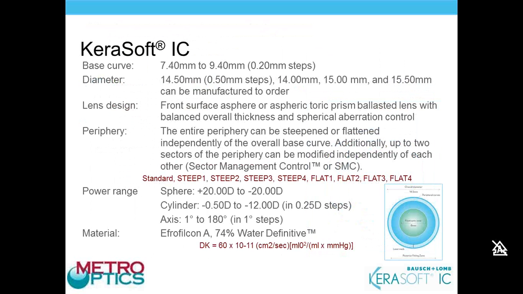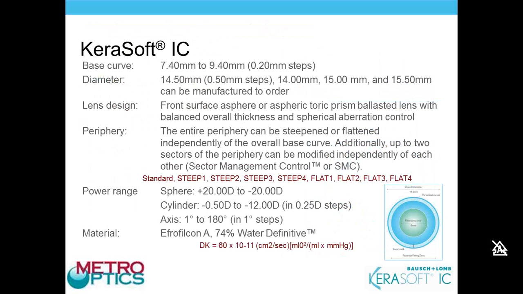These are all of the parameters of the KeraSoft IC lens. I'm just going to highlight some of the features here just to put it in context of fitting. The base curve, the steepest base curve, is the 7.4. So again, we have to remember we're no longer fitting that apex of the ectasia, we're fitting the overall corneal shape.